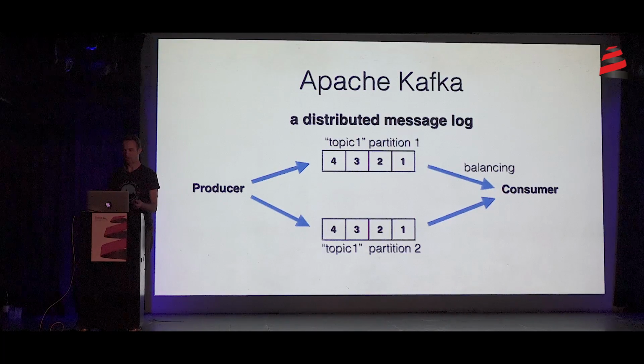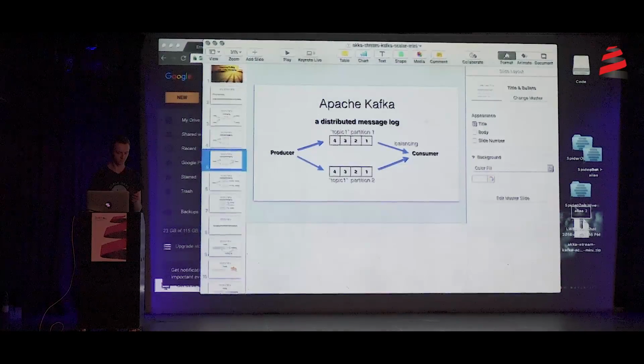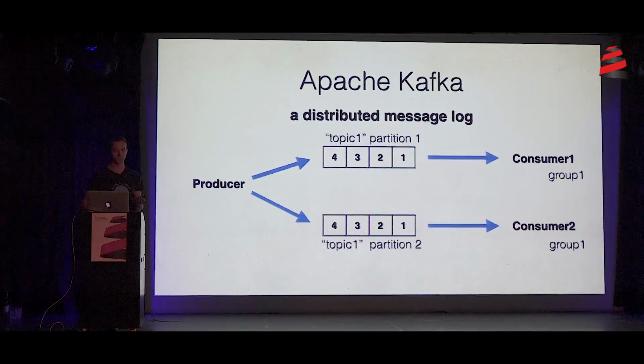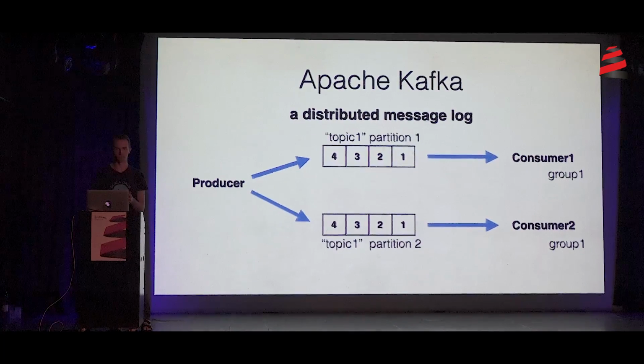And it's easily scalable, because if we have more consumers coming in, it scales dynamically by reassigning partitions to new consumers. This way we can parallelize processing. This is one of the most important features of Kafka.